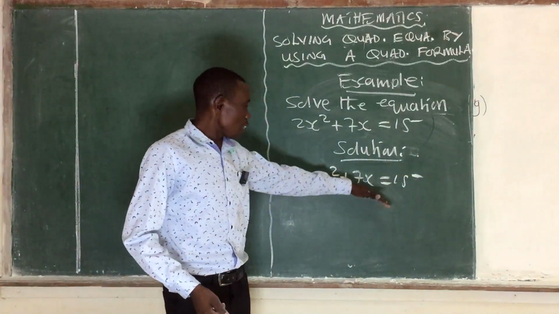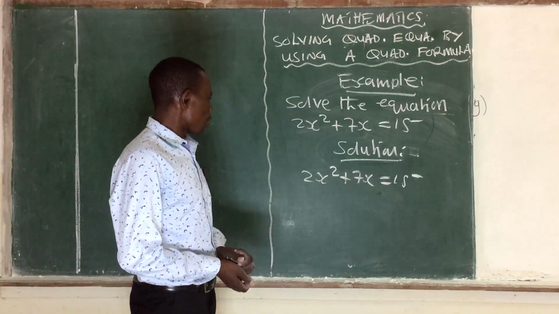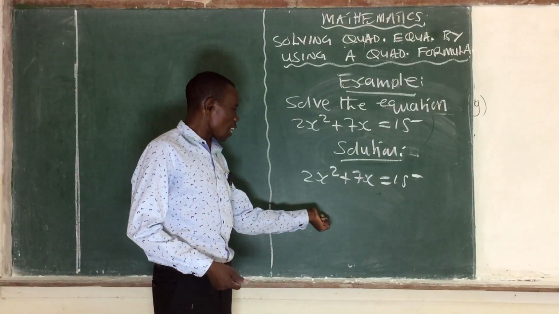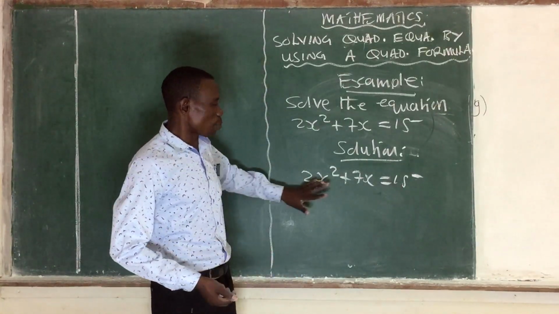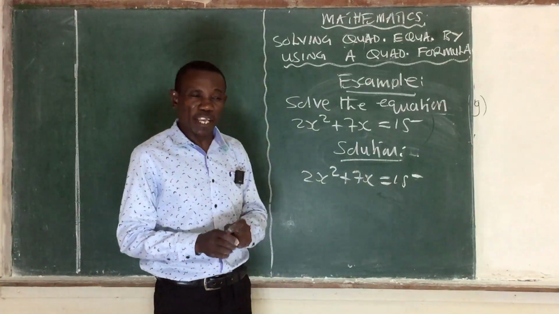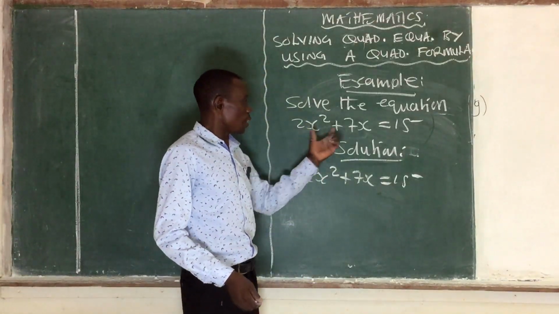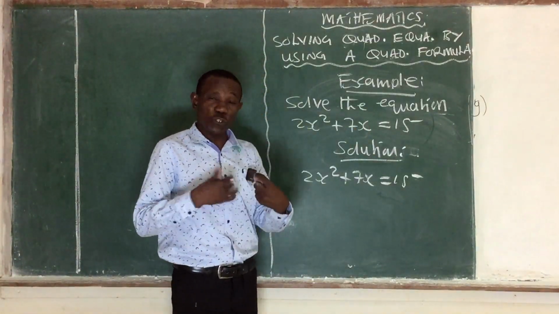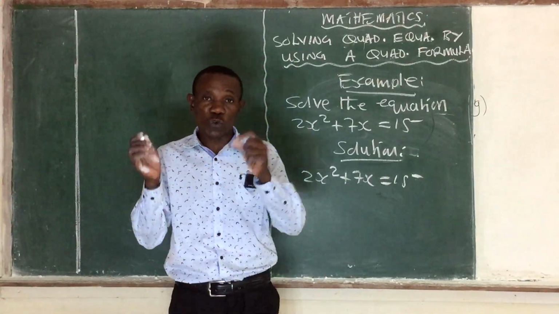Before I determine the values representing a, b, and c, what we always need to do first is make the equation be in the form ax squared plus bx plus c is equal to 0. Each time you are given an equation and would like to use the quadratic formula, the equation must be equated to 0.